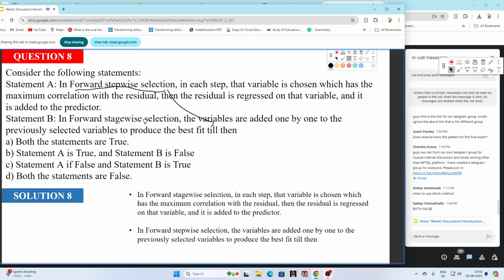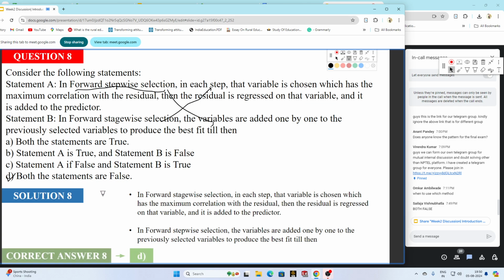In forward stage-wise selection, in each step the variable is chosen which has the maximum correlation with the residual. Then the residual is regressed on the variable and it is added to the predictor. So they have reversed the statements, and that is why both statements are false. This is the true statement.